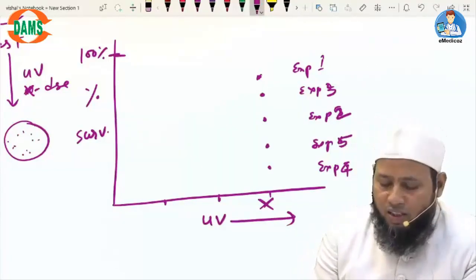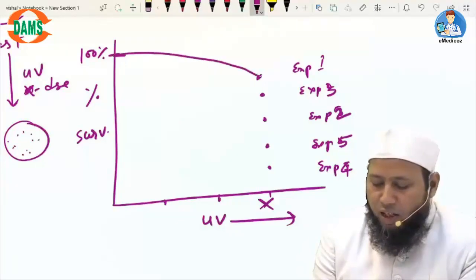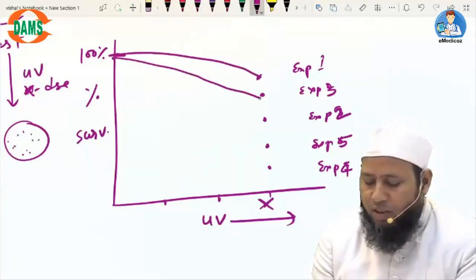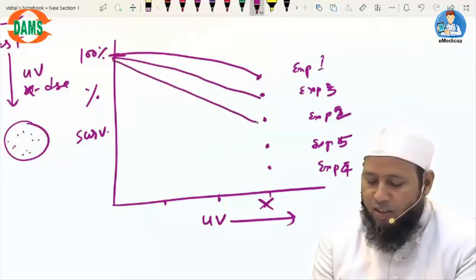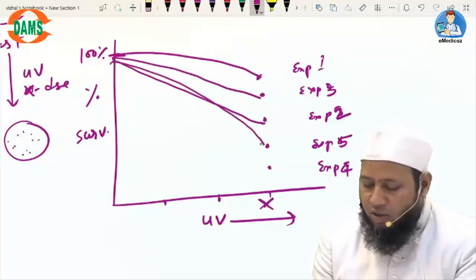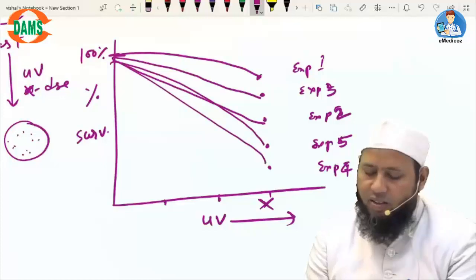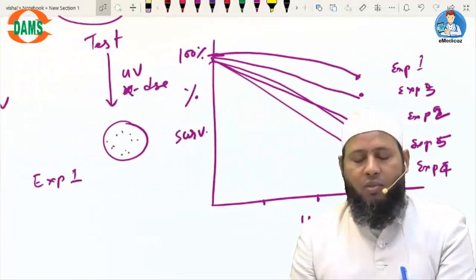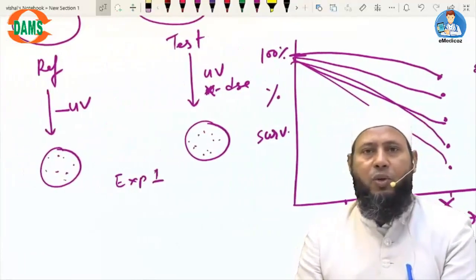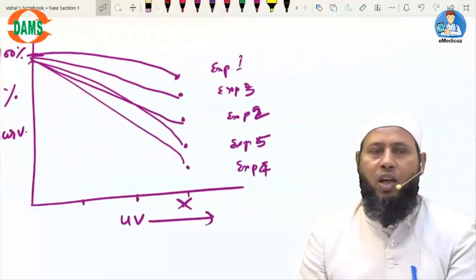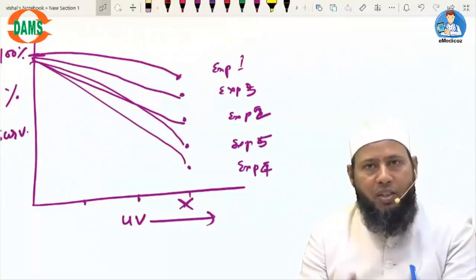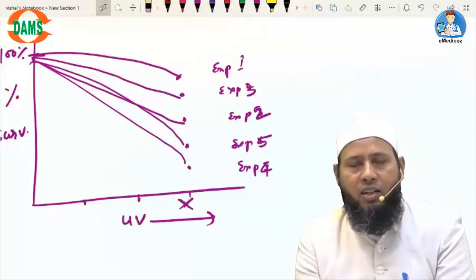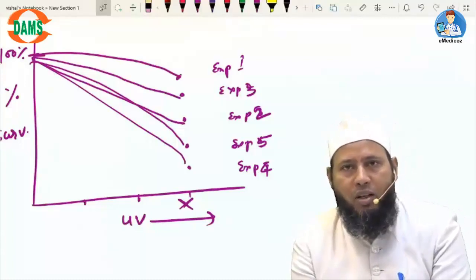So what we see here is that in one experiment the survival curve goes like this, another goes like this, another like this. Basically in science, when we repeat the same experiment on another day, it should give the same kind of result.